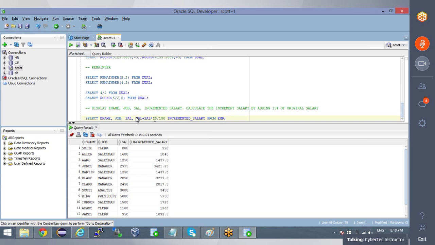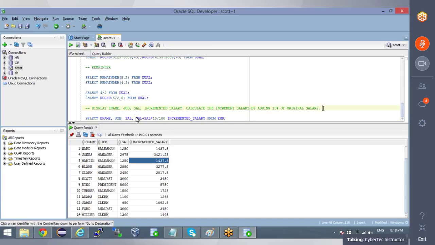Now you see here, there are values that are represented in decimals. But let's say the requirement says to round the value to 0 decimals.